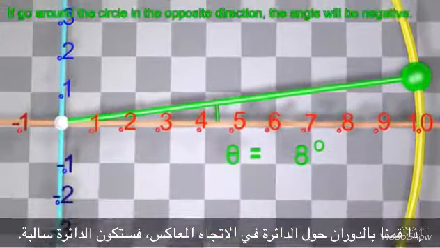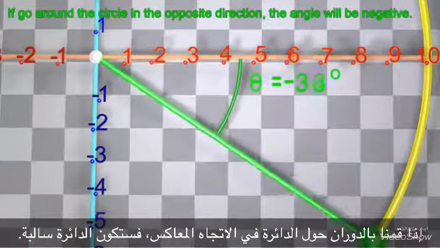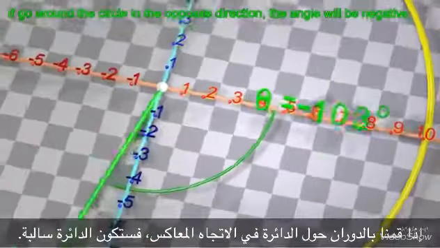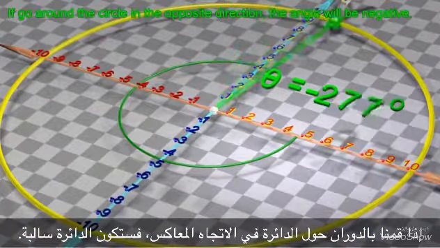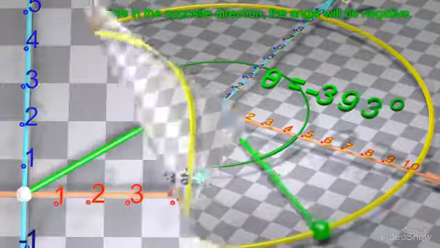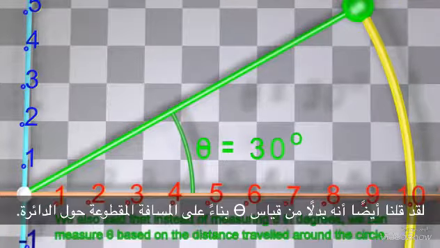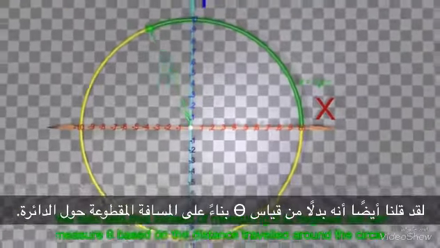If we go around the circle in the opposite direction, the angle will be negative. We also said that instead of measuring theta in degrees, we can measure theta based on the distance traveled around the circle.